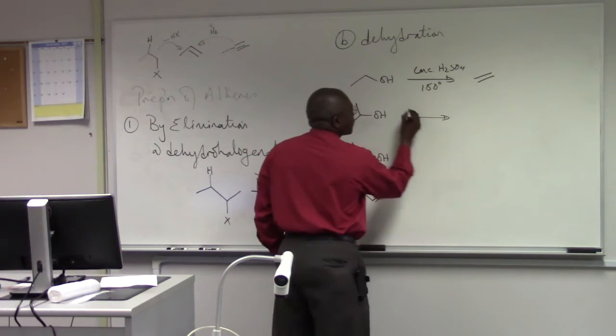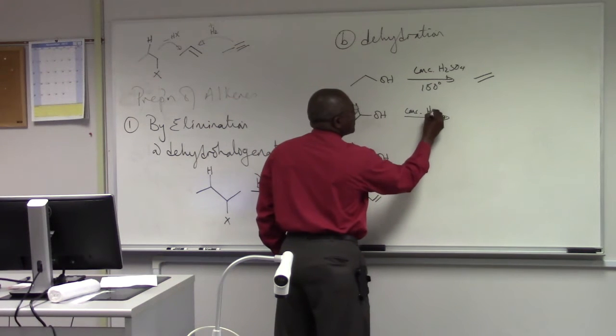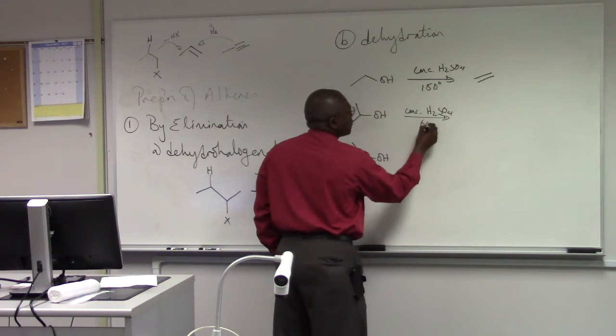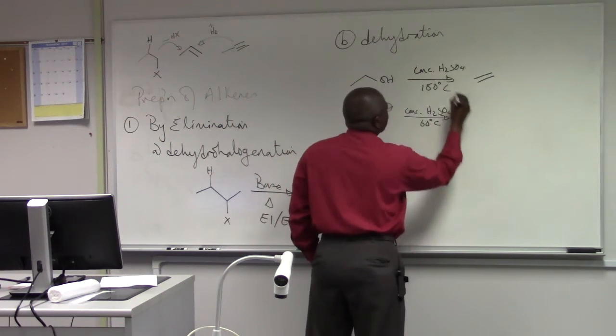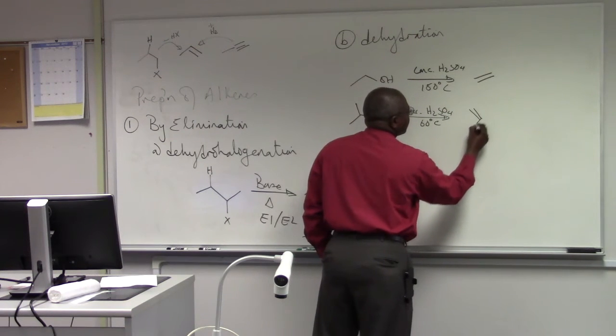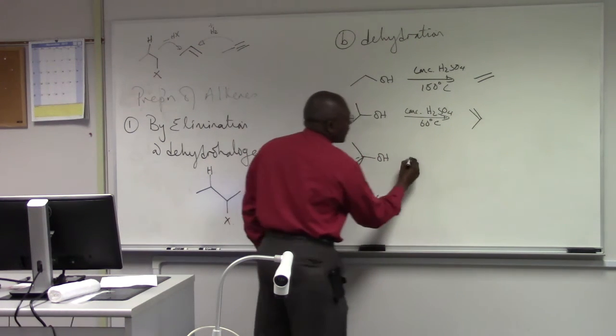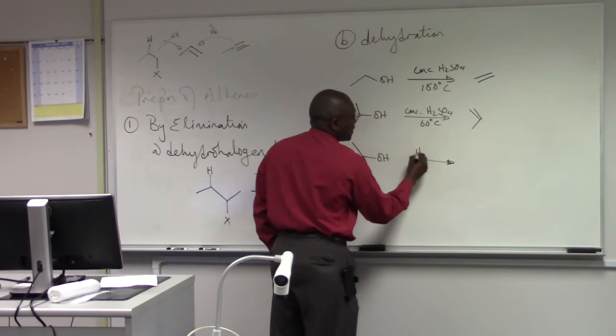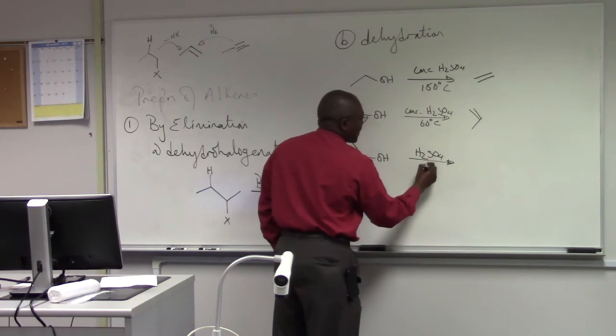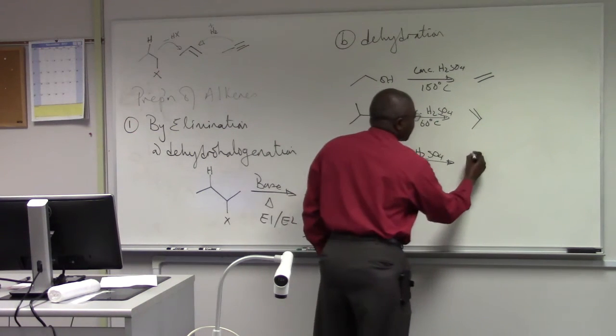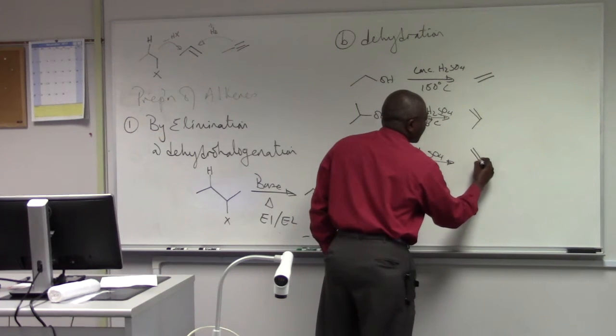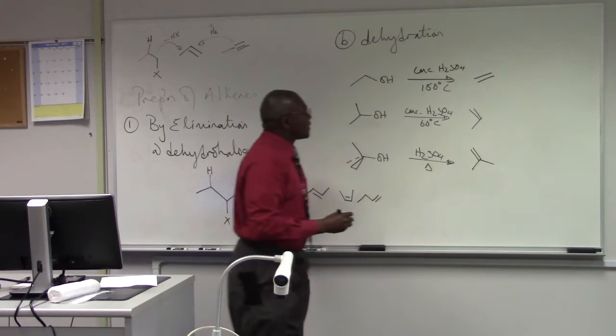I can treat the secondary alcohol with conc sulfuric acid, probably at about 60 degrees or so, and that's going to generate the corresponding alkene. And in a similar way, if I treat the tertiary alcohol with just really dilute sulfuric acid and warm it, that will generate the corresponding alkene as well.